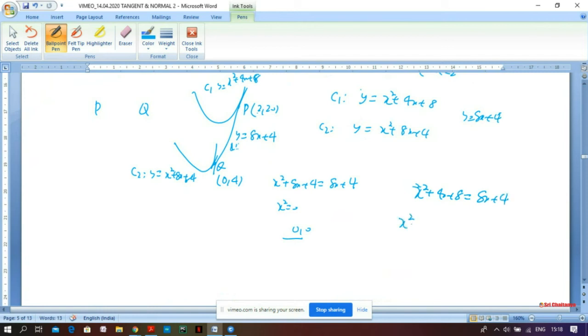You will get x square minus 4x plus 4 is 0. Again, x minus 2 whole square is 0. This whole squared. It means again 2 and 2. So we have found the common tangent, and we have also found that the common tangent meets at some special point. That point is given.